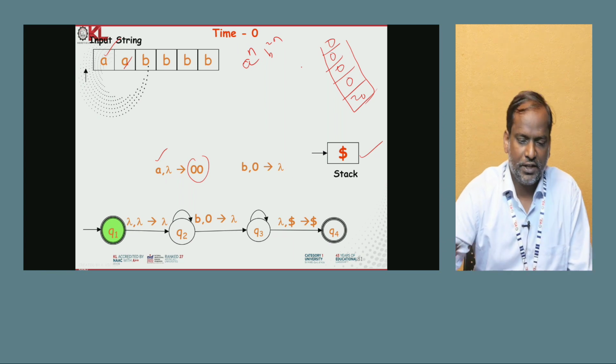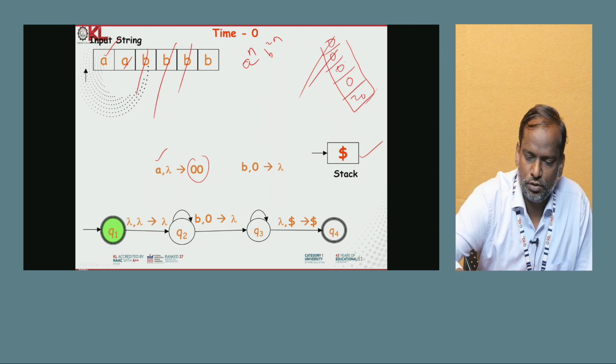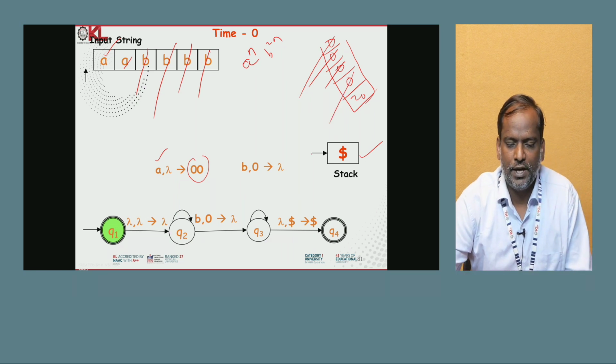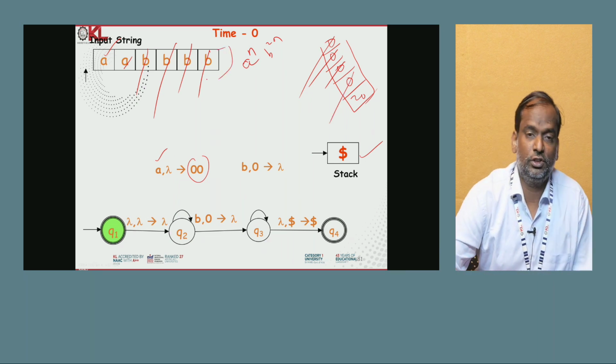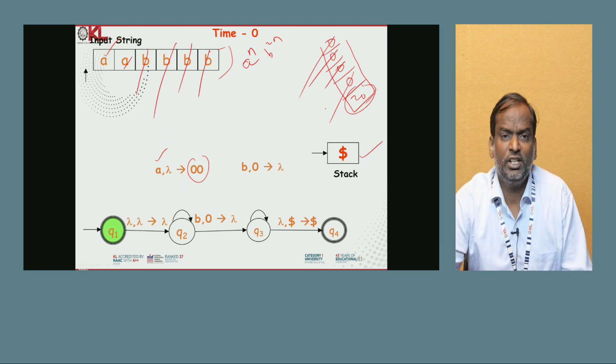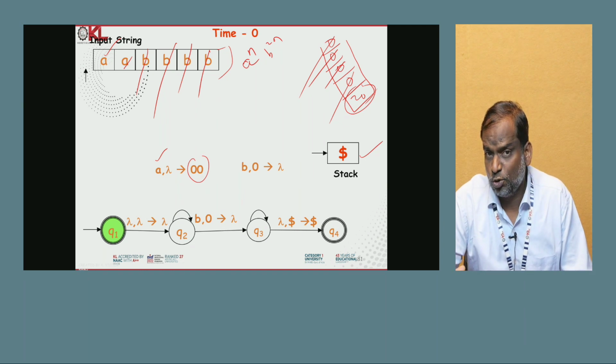If I read B, then pop 0. Read B, pop 0. Read B, pop 0. Read B, pop 0. So finally the input is processed. What about the stack? It is also empty, so the input will be accepted.